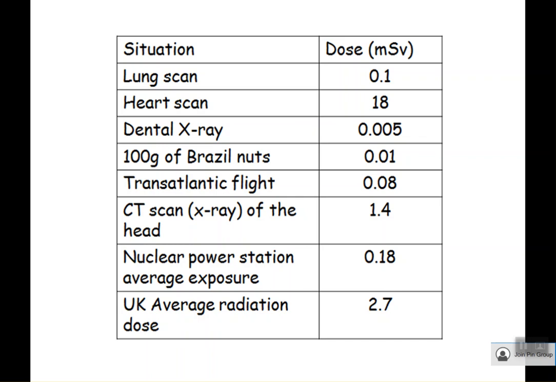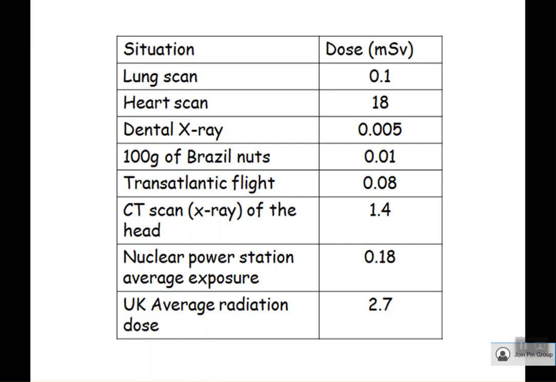Just because of where we live, we are exposed to things that give out radiation. Rocks are the main one. In your house, you're exposed to radon, the gas that comes out of the rocks in the ground. Depending on where you live, if you're near a nuclear power station, or in an area where there is nuclear testing, probably not in this country but in others, it can affect your background radiation.